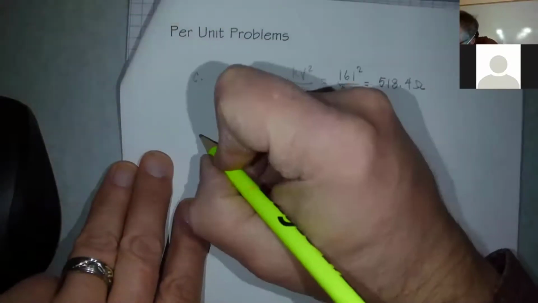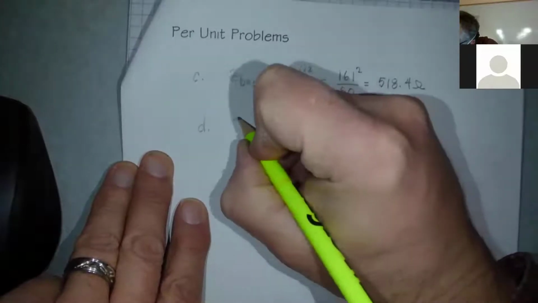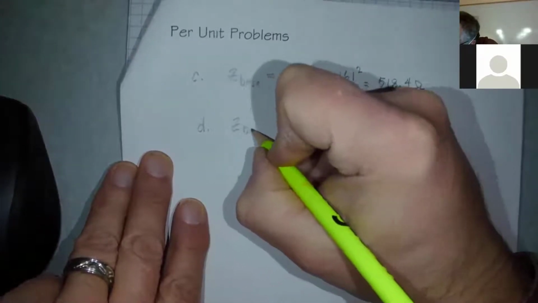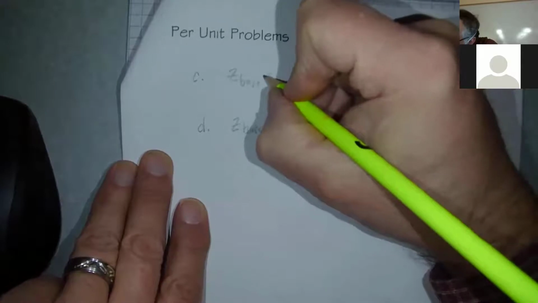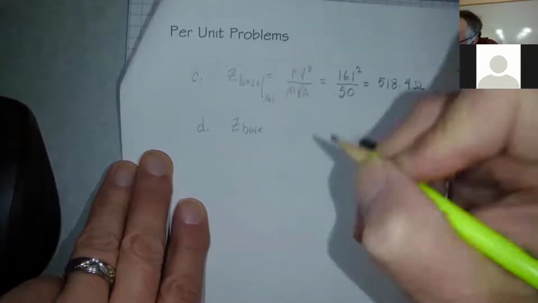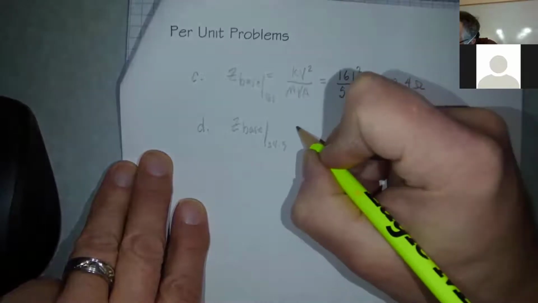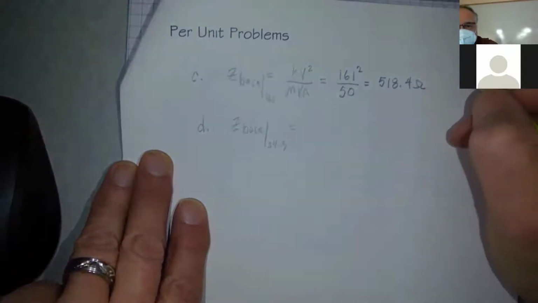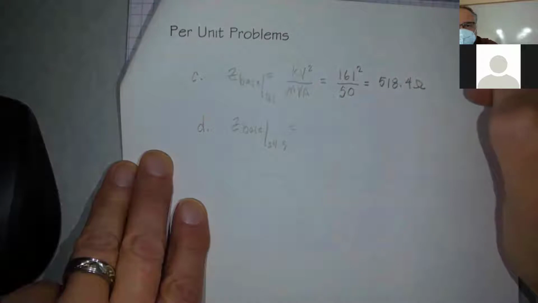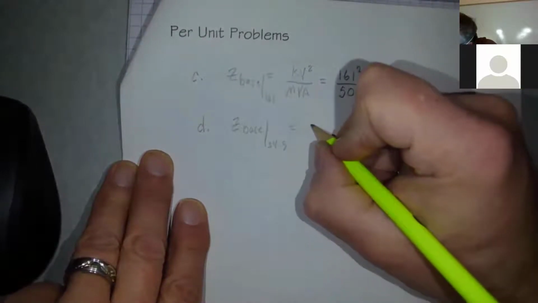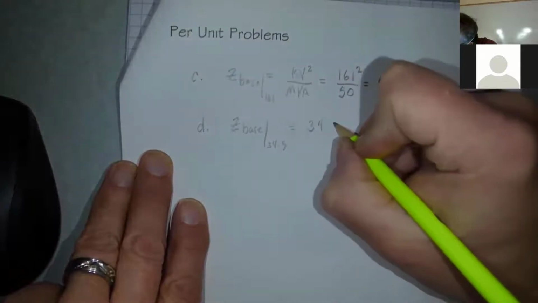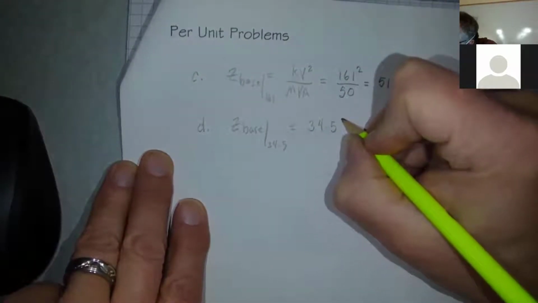So D, Z base. Now this was Z base for the 161, right? This is Z base for the 34.5. Again, it's going to be the same formula. 34.5, we leave out the k.